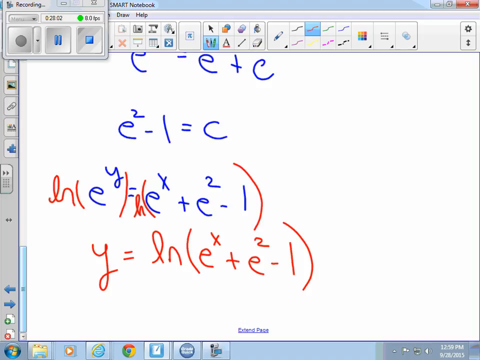No, not in it. Don't make up properties of logarithms that don't exist. So there is nothing you can do here, which is fine. I'm completely okay with looking at it that way. Is it a function? I'm good. Done.